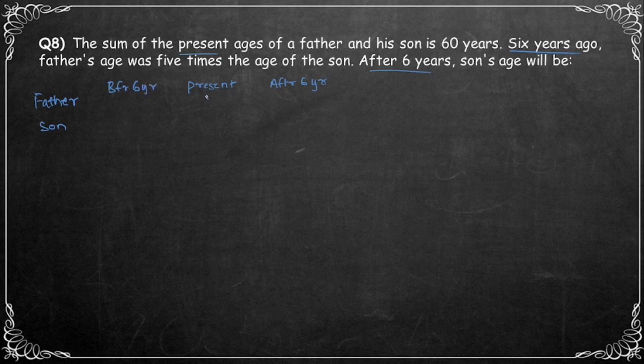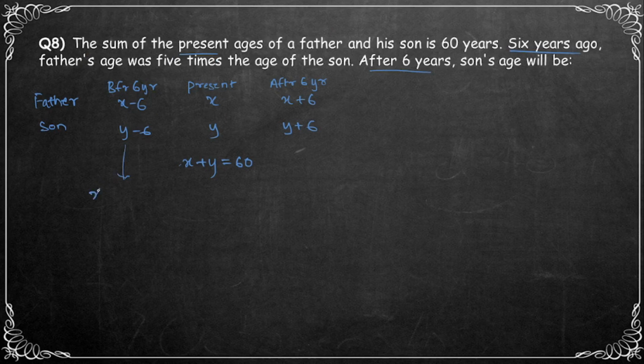Now let's take the present ages as x and y. After 6 years it will be x plus 6 and y plus 6. Before 6 years it will be x minus 6 and y minus 6. Now first sentence says the sum of present ages of, that means they are talking about this column, sum of present ages of father and son is 60 years. 6 years ago father's age, that means they are talking about this column, 6 years ago, right?